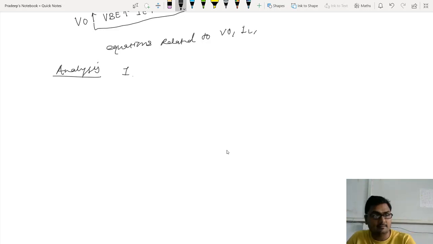Because the complete analysis depends on the hybrid parameters of a transistor, or hybrid model of a transistor, which is not studied by us yet. This hybrid model is in the fourth chapter, but some reference of that hybrid model is needed to analyze this transistor shunt regulator.